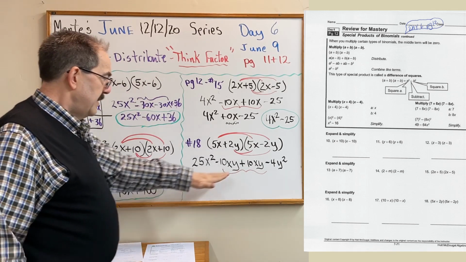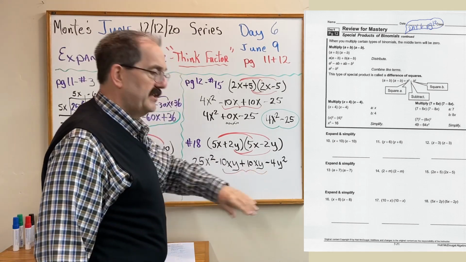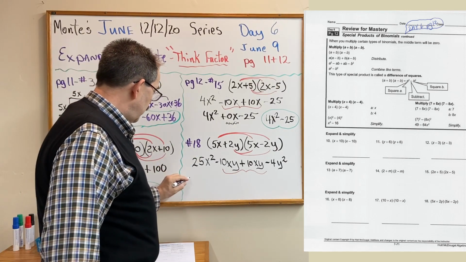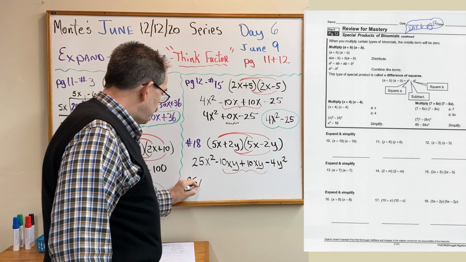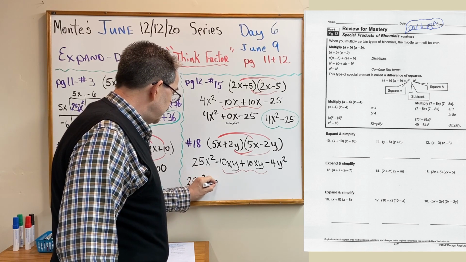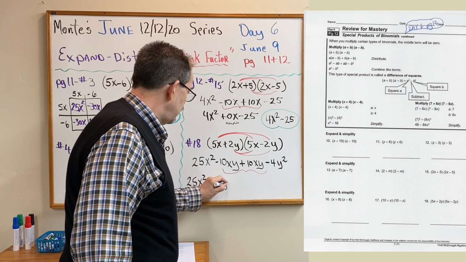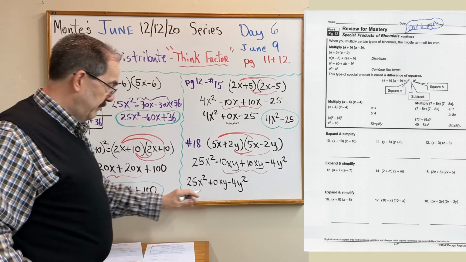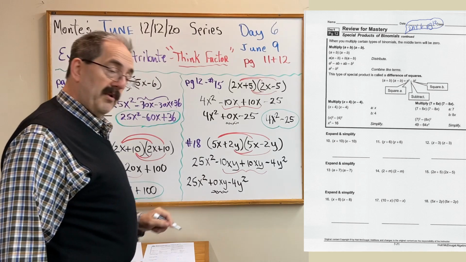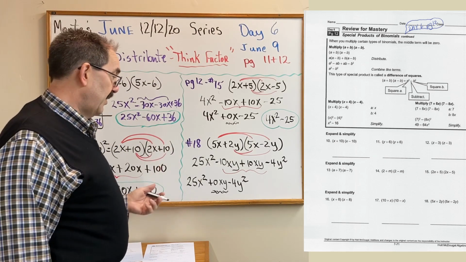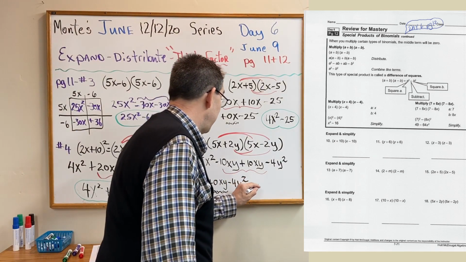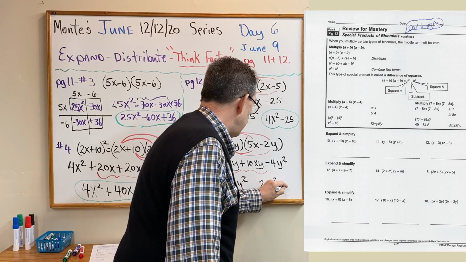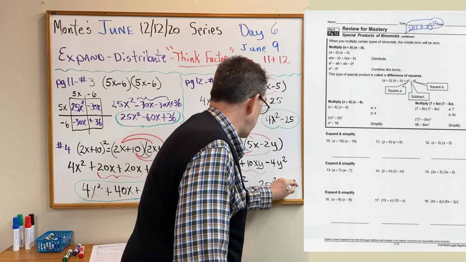Negative 10xy, positive 10xy, you put them together and poof, they're gone. So 25x squared plus 0xy's minus 4y squared. Combine them, and we don't have any. The way we write the final answer, 25x squared minus 4y squared.